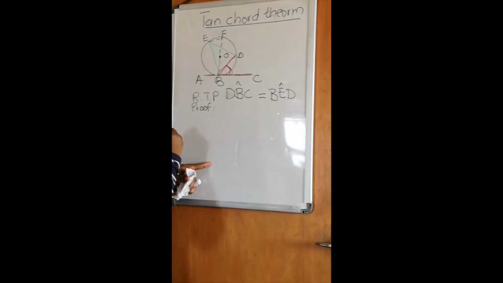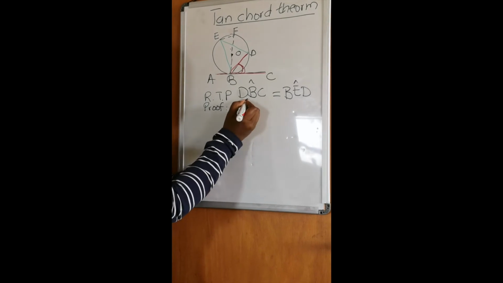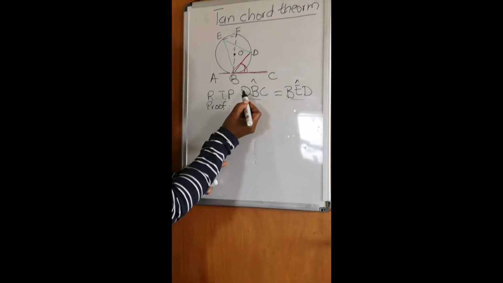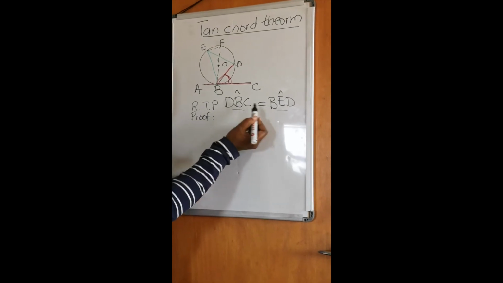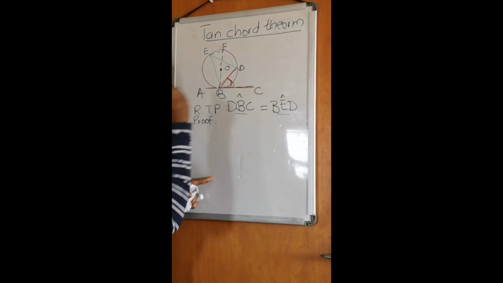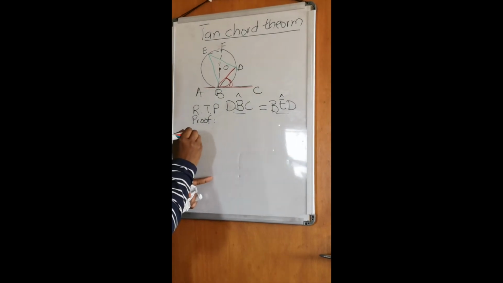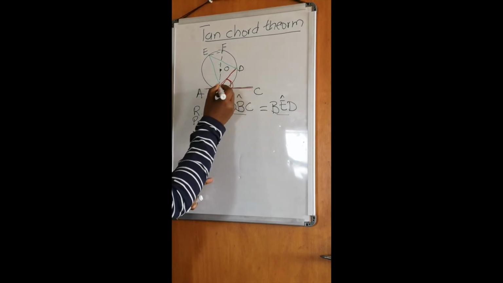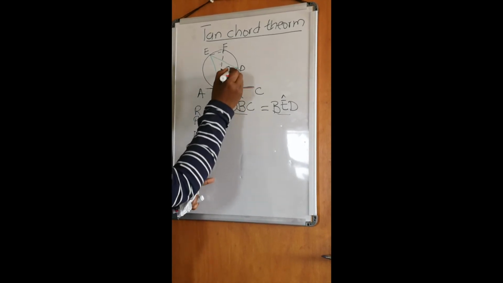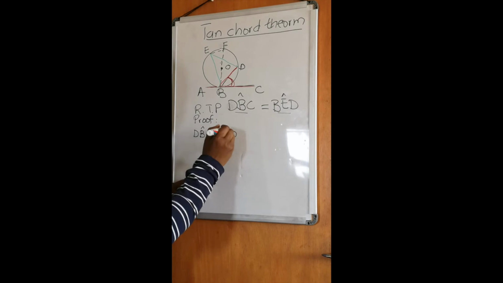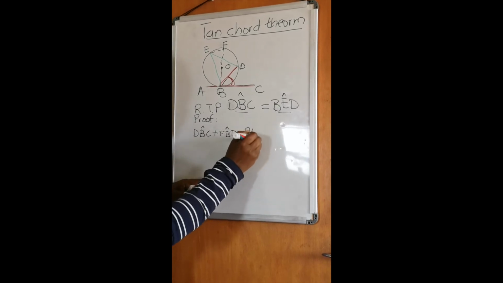When I look at my proof, I have two angles that I'm going to keep: angle DBC and angle BED. Here's DBC. DBC plus this angle here plus that smaller angle there, which is called FBD, is equal to 90 degrees.